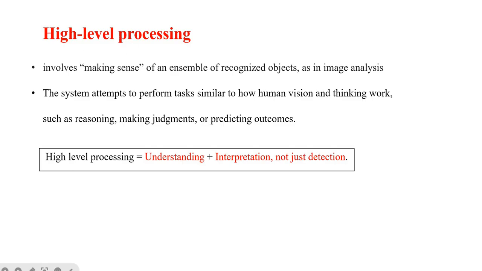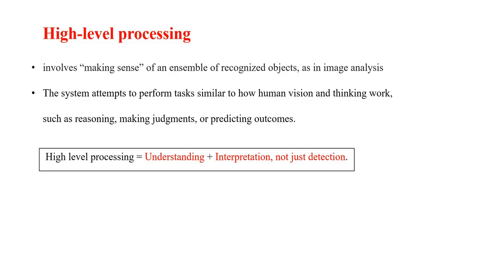Whereas in high-level processing, the system will conclude whether a person is crossing the road and whether the car has stopped. That is, it will make a decision and give meaning to that image. So higher level processing is nothing but interpretation along with reasoning.